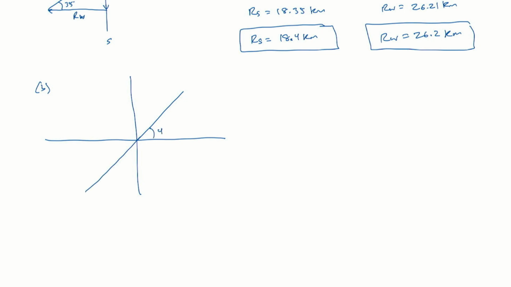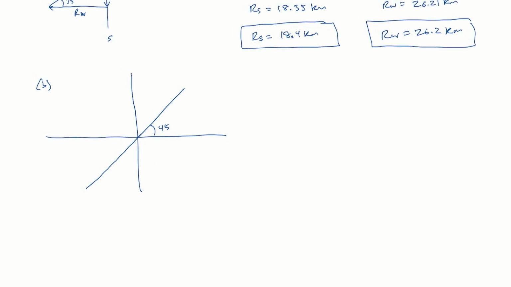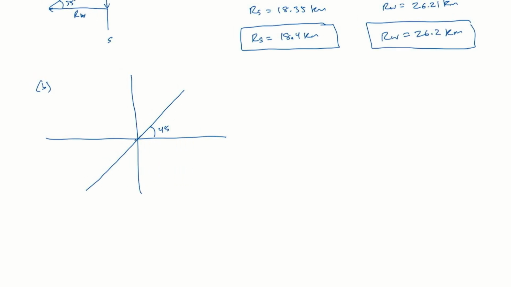45 degrees. And originally, I'm going to exaggerate this, we went 35 degrees. So that makes this bit 10 degrees. And so we want to get to, say, that point there.